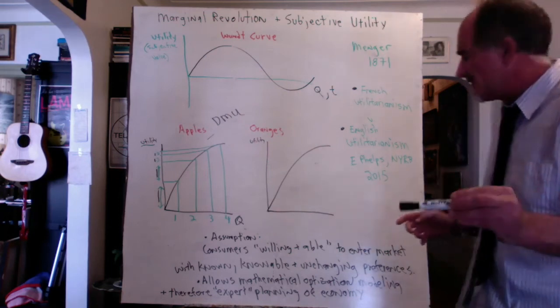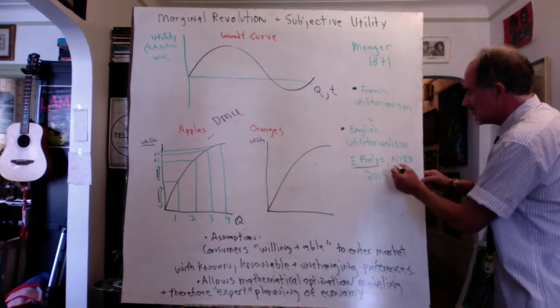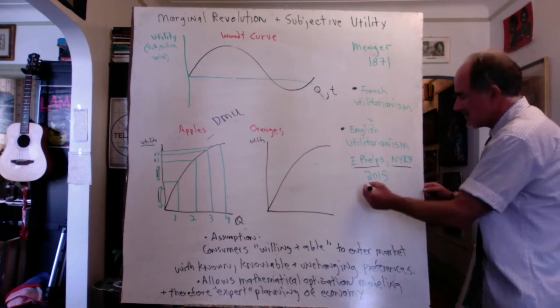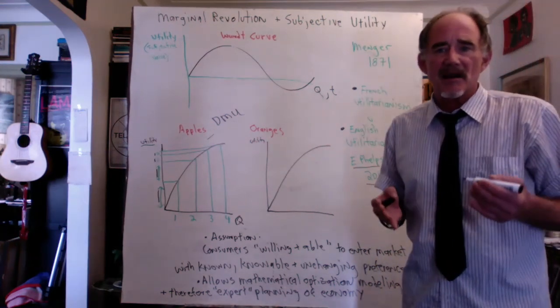And Edmund Phelps has an article in the New York Review of Books, which is available on my website, from 2015. It's called "What Is Wrong with the West's Economies?"